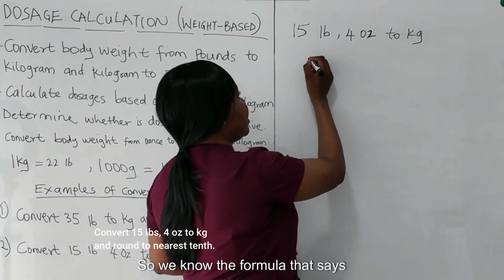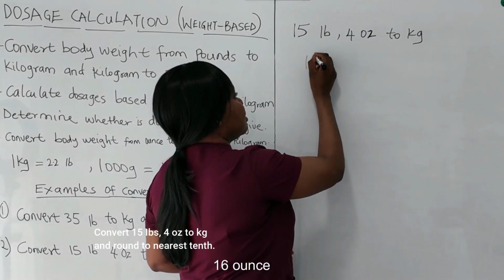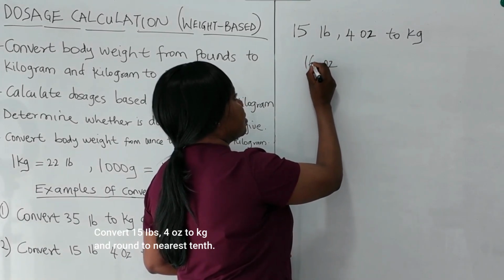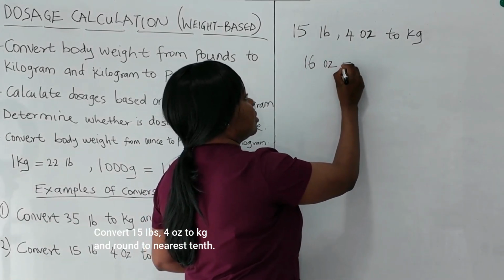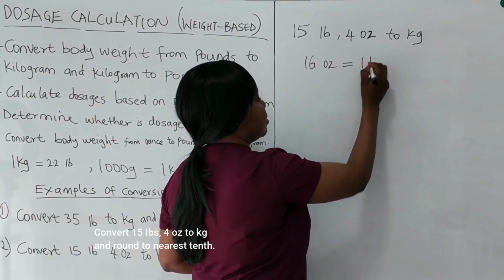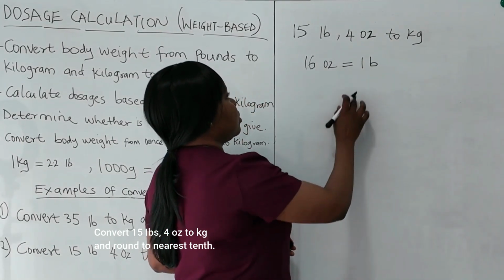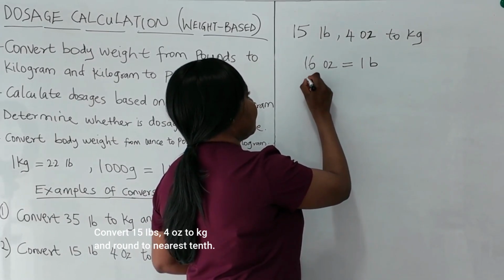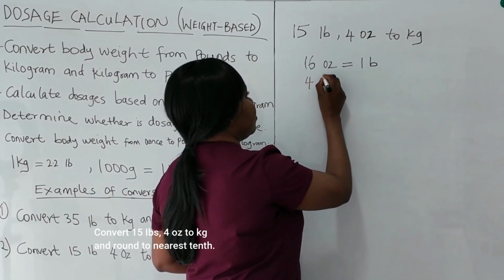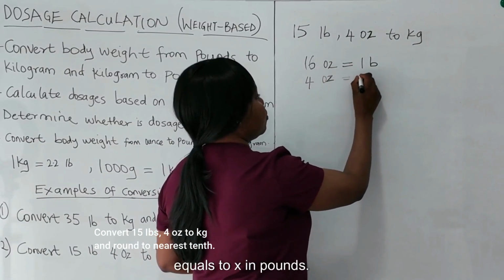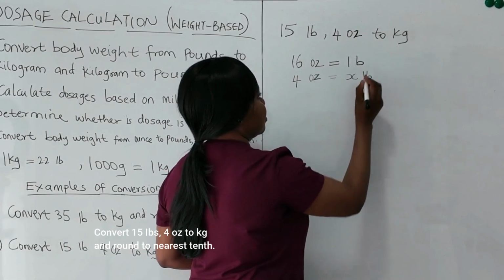We know the formula that says 16 ounces equals 1 pound. Since we are converting 4 ounces, we put 4 ounce on the same line, equals x in pounds.